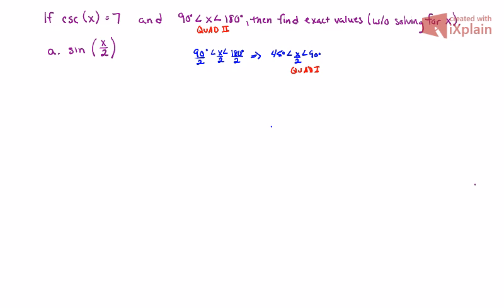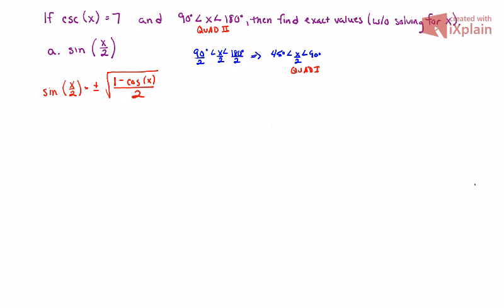So in the case of the sine of x over 2, we do have a half angle identity. The half angle identity reads that the sine of x over 2 is going to be equal to plus or minus the square root of 1 minus the cosine of x, all divided by 2.